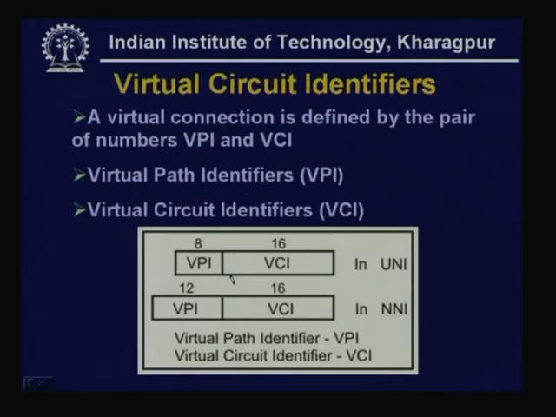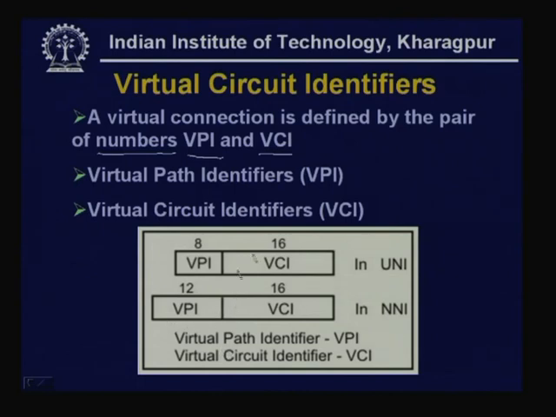and the virtual connection is defined by a pair of numbers known as VPI and VCI. VPI stands for virtual path identifier and VCI stands for virtual circuit identifier. In case of UNI, between the user and network interface, the VPI is 8 bit and VCI is 16 bit, and on the other hand between the two networks or switches, the VPI is 12 bit and VCI is 16 bit.